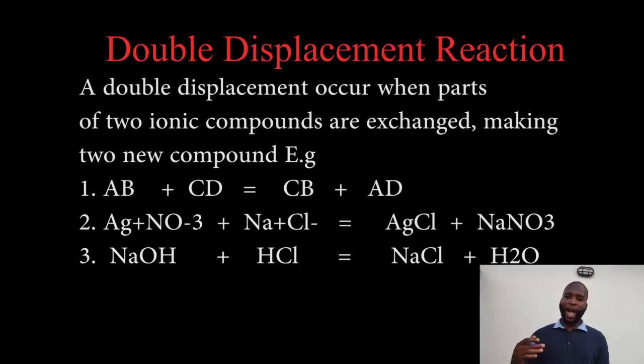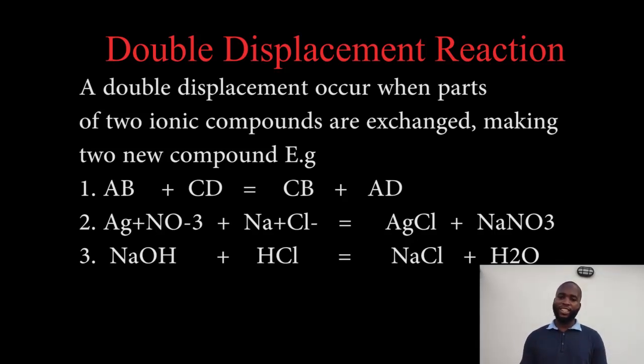So A is more active than what? Than C. While B is more active than D. So when they combine together, you find that at the product you have CB and AD, by exchange of radicals.